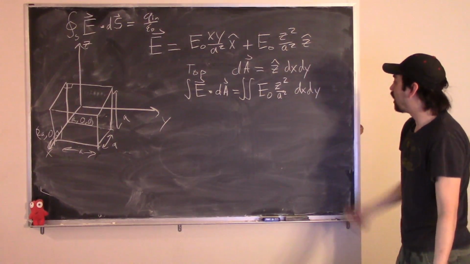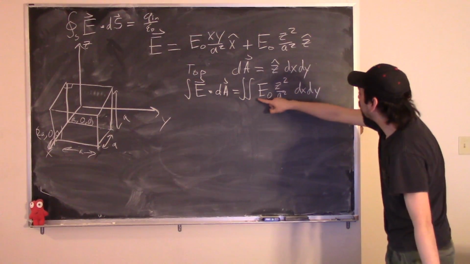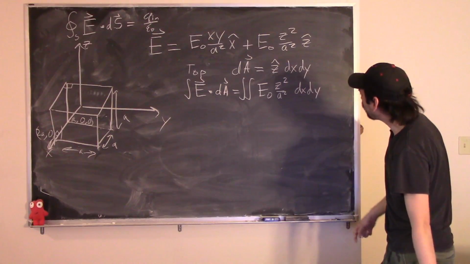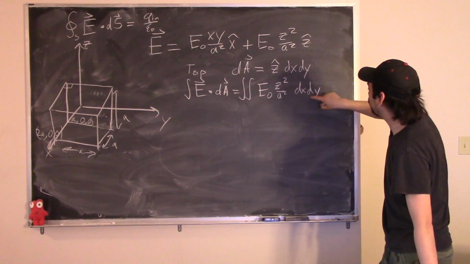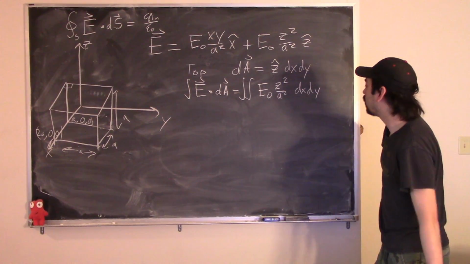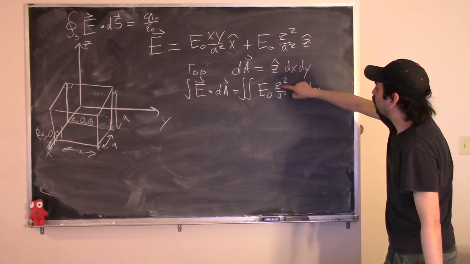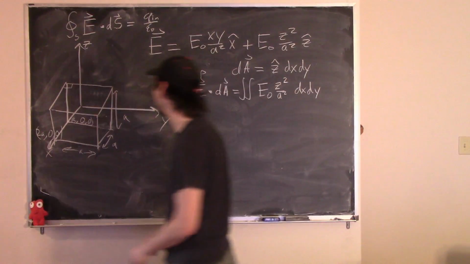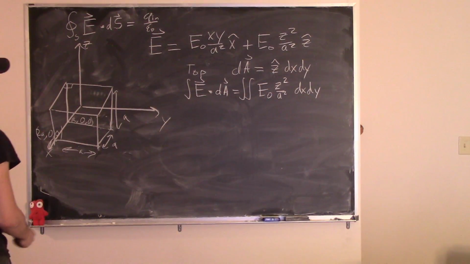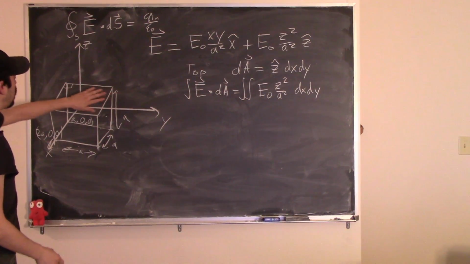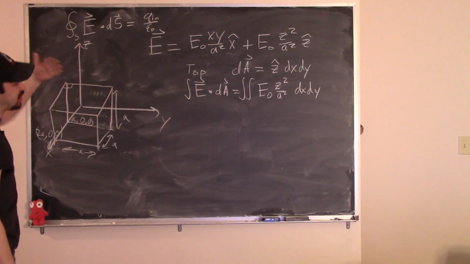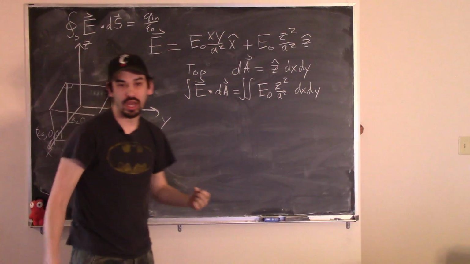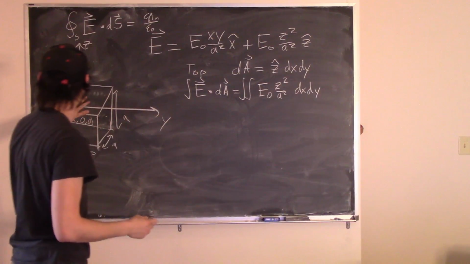Okay. So now let's look at this integrand, and see we're integrating over x and y, but we have some z here. So that means we need to evaluate what this z is, and the way that we're going to do that is look at where the surface is. So for this surface, every point along it is going to have the same value for z, and that value is just going to be a, right?